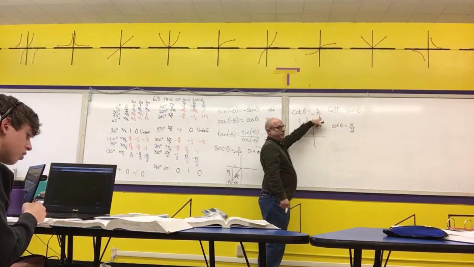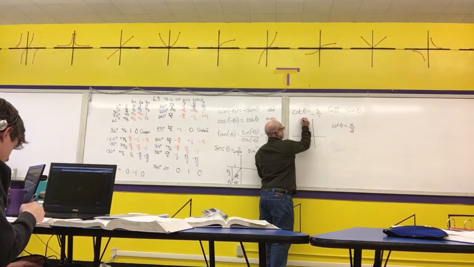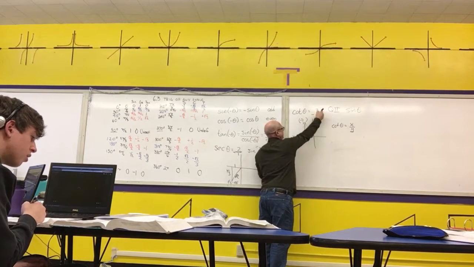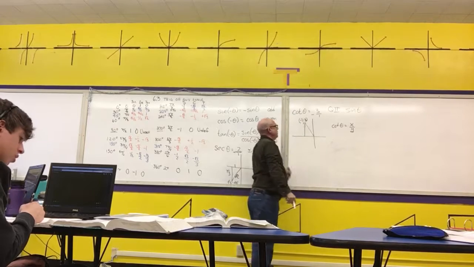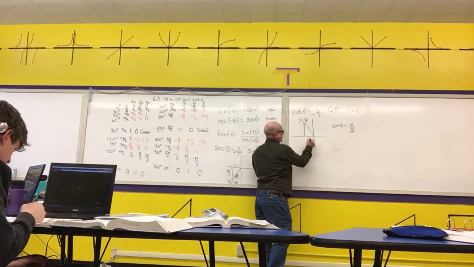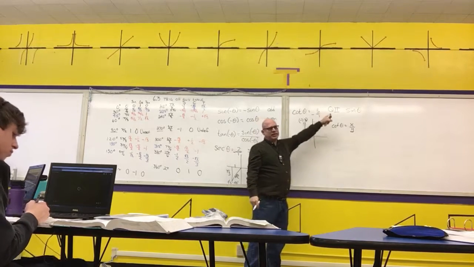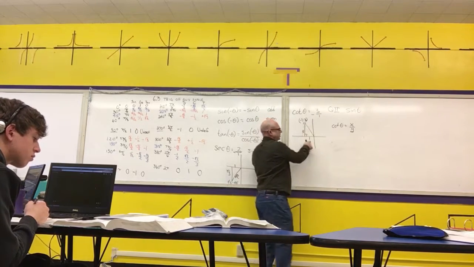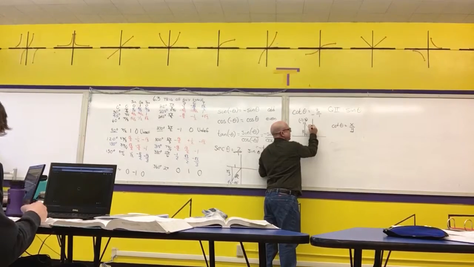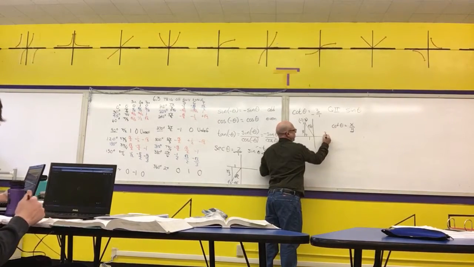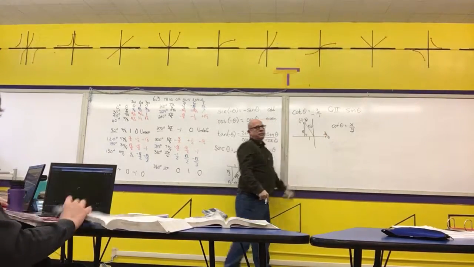The x is negative. So the y is 3. So this distance is 1. This distance is 3. Now I've got to come up with the radius because they want sine. So that's square root of 10. So the sine is 3 over root 10. Any questions?